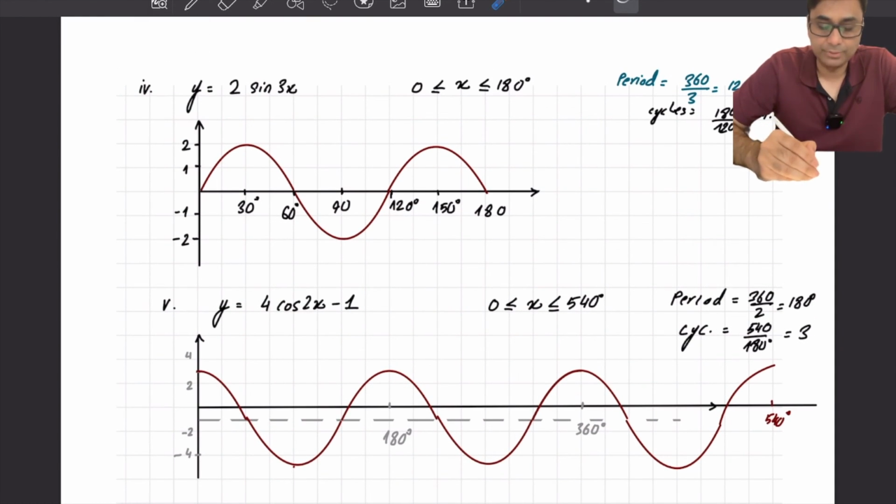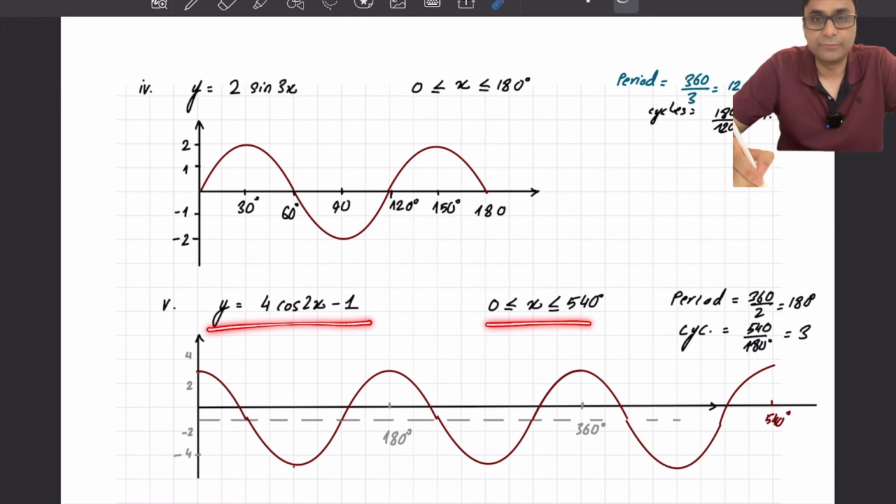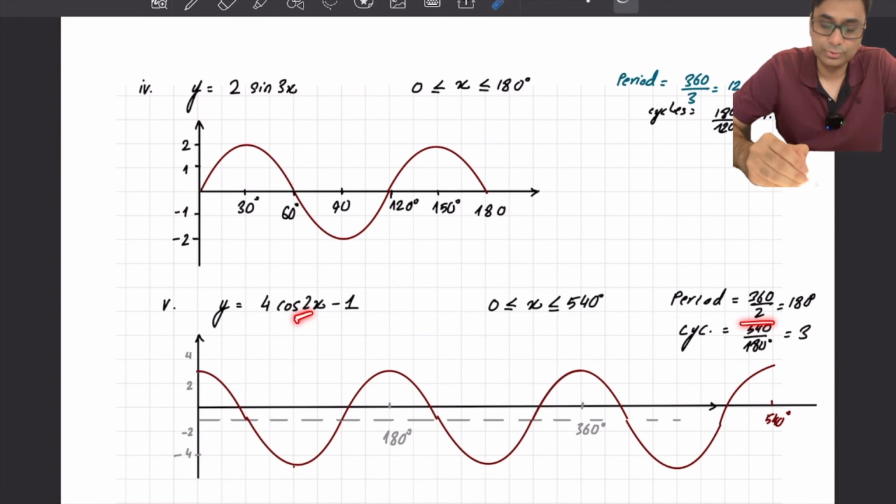Let's take another example where I have to sketch a graph of y = 4 cos 2x - 1. But this time, I have to sketch it for an interval of 0 to 540 degrees. The period is 360 upon 2, where 2 is the coefficient of x. The period is coming out to be 180. I have to sketch it for an interval of 540 degrees, so if I do 540 divided by 180, I get 3 cycles.